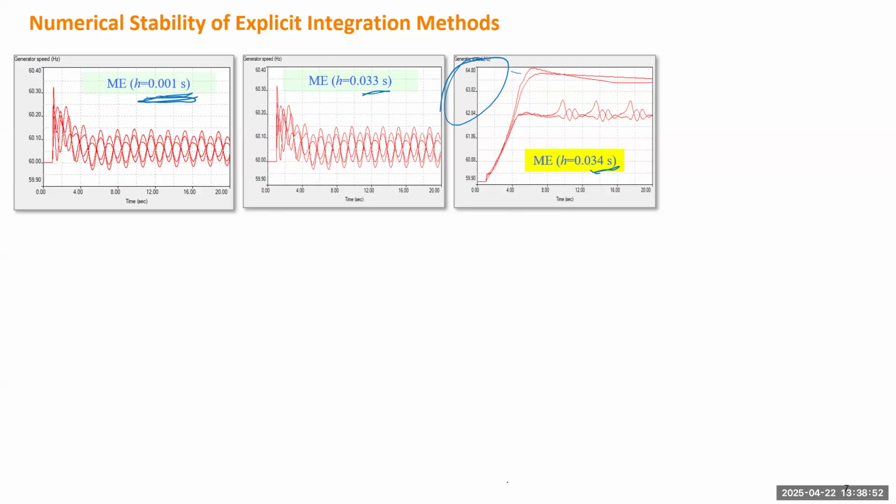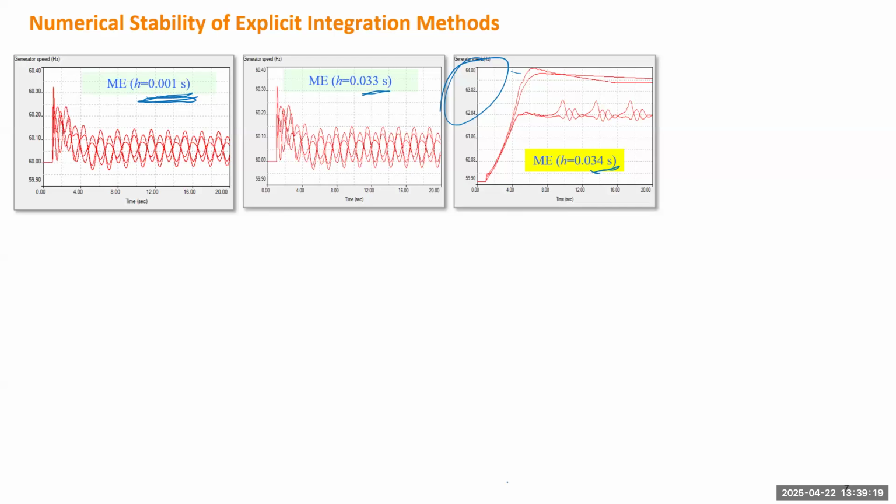When using a numerical method to solve the dynamic system for transient stability, if I don't use a small enough time step, the simulation may show a different phenomenon from the true dynamics of the system. For this system, I know it should be stable, but if I use a very large time step, the system turns out to be unstable.